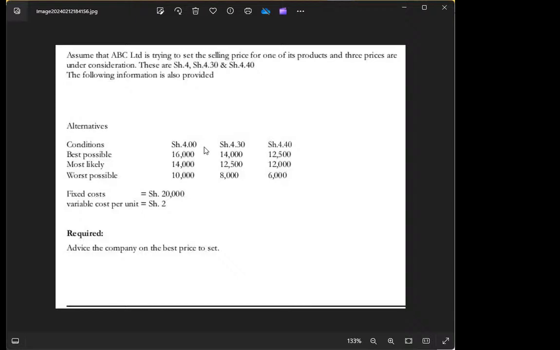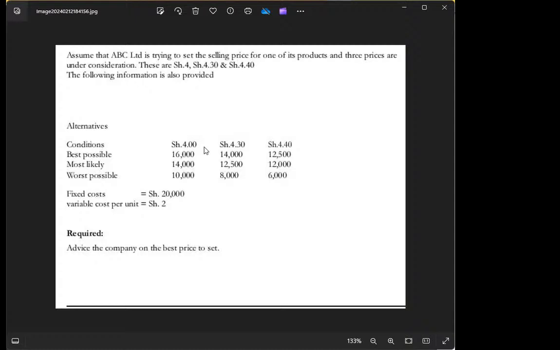The trend will continue. When you set the price at 4.3, they can sell a maximum of 14,000 units, that is best possible; 12,500 most likely; 8,000 worst possible. Then we have shillings 4.4: 12,500 for best possible, most likely 12,000, worst possible 6,000.